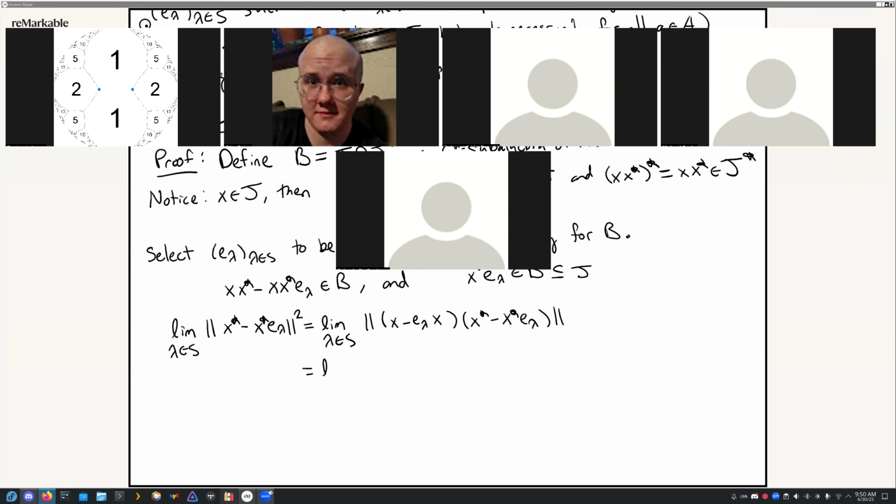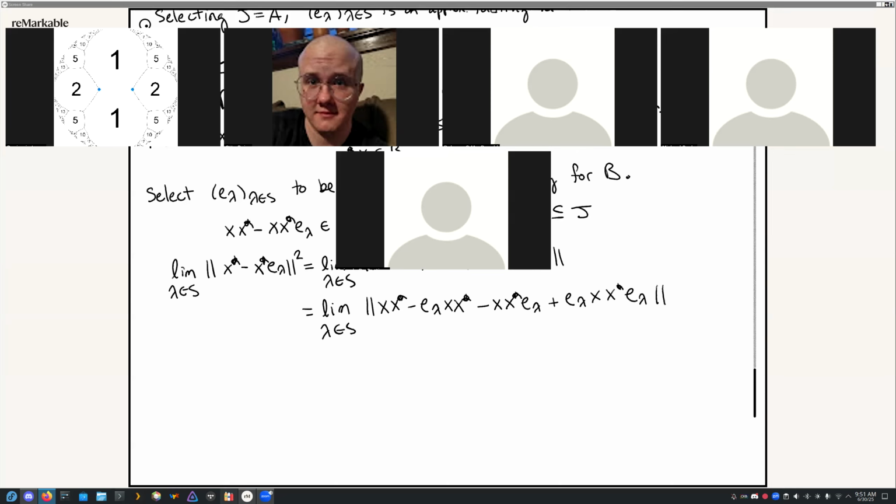Okay, so now I compute this norm. And I can estimate using my triangle inequality, etc. For the right two terms, we can factor out an e lambda from the right.